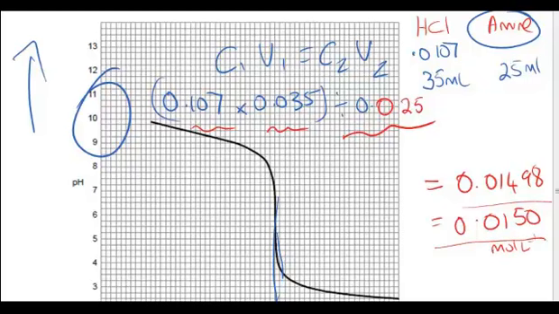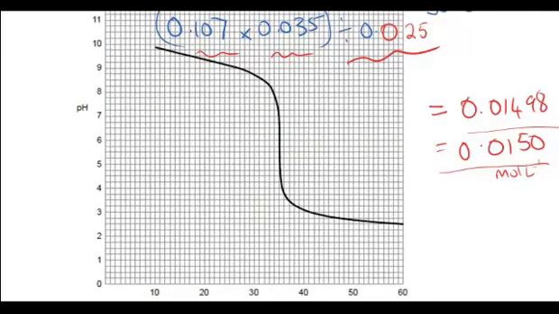So we've got one piece of information that's necessary. Now, we're not given Ka, and we're not given Kb, but we do need Kb to do this calculation. So we can only calculate this one way, and that's to use the graph. On the graph, 35 mLs is the equivalence point, so half of that is 17.5.